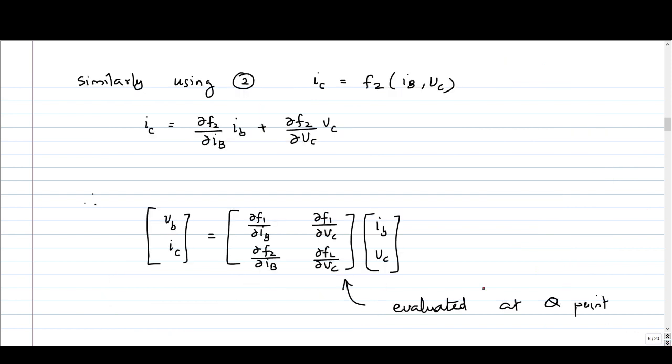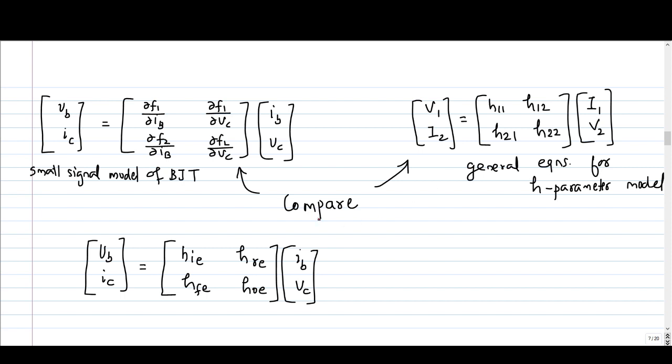Now if you do the same thing for the second equation, IC is a function of IB comma VC, you will get a similar expression, and you can arrange them in a matrix form. These partial derivatives are evaluated at the Q point. If you compare what we have derived here with the H parameter model that we discussed in the previous class, you can see the similarity.